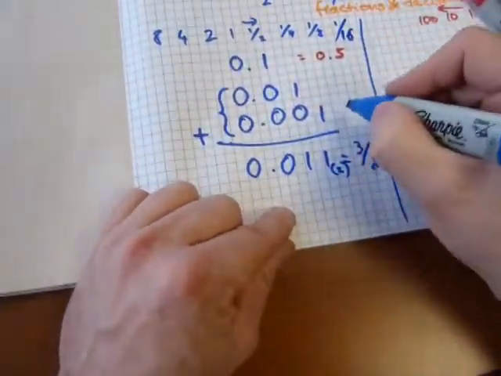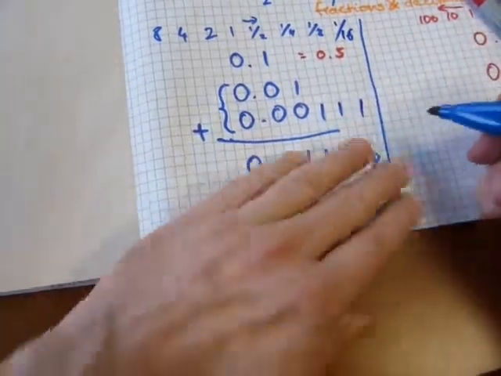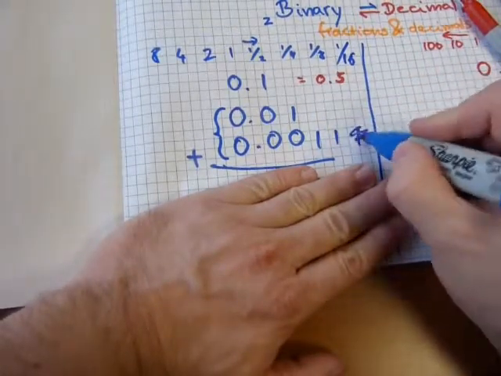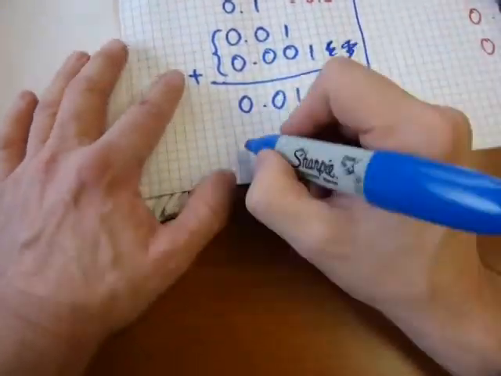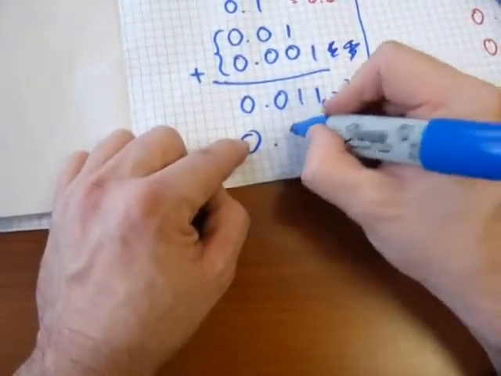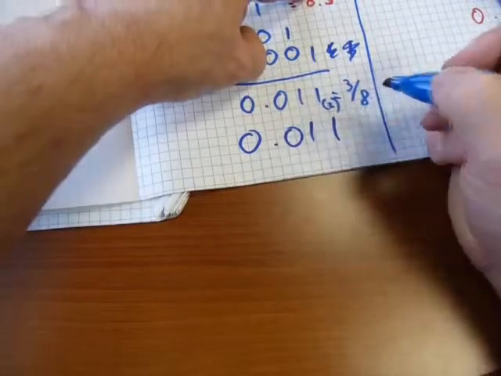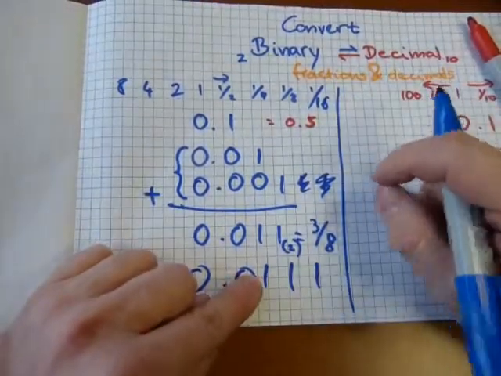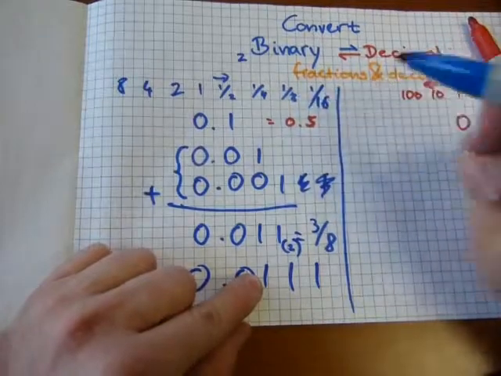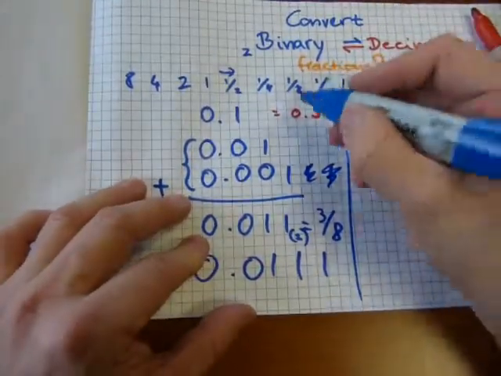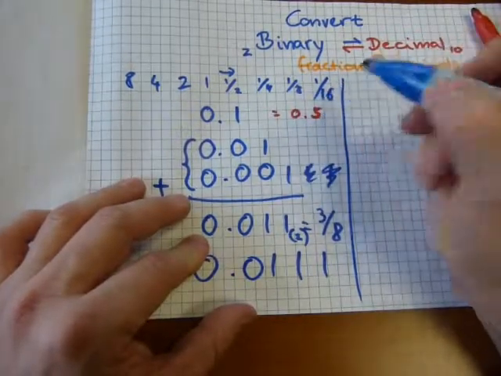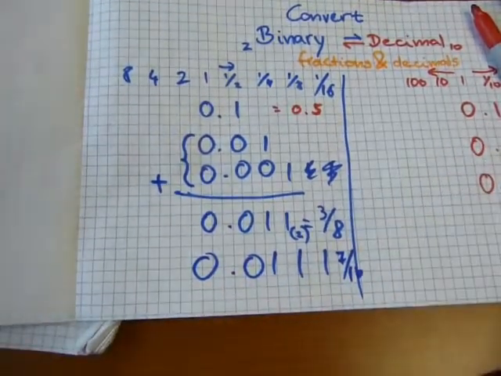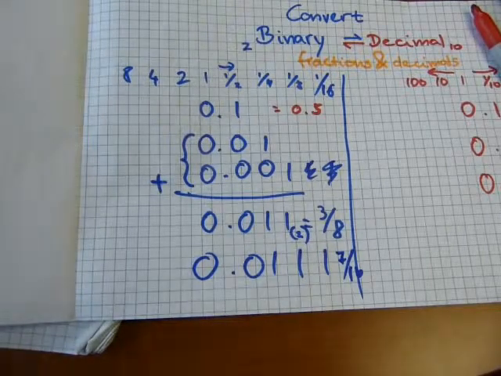So I'm going to put 0 in the ones column, 0 there, 1 for the quarters, 1 for the eighths, and 1 for the 16ths. Now a quarter plus an eighth plus a 16th is 4/16, plus 2/16 is 6/16, plus 1/16 is 7/16. So 0.0111 is 7/16 in a binary decimal.